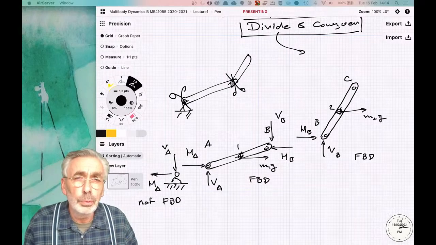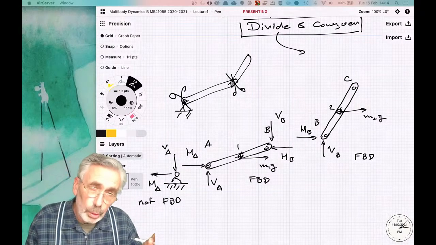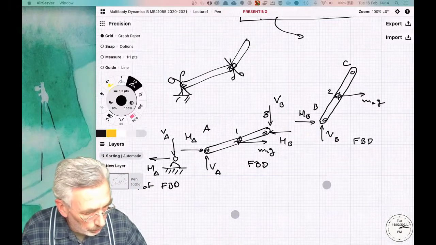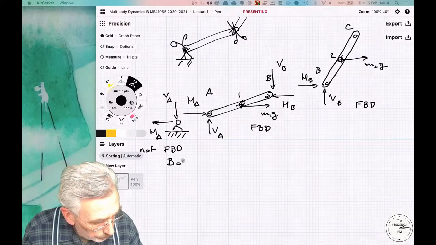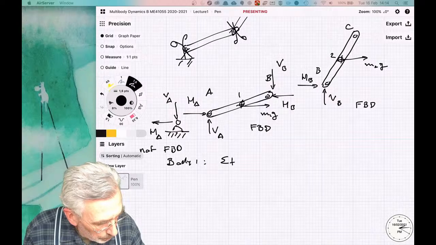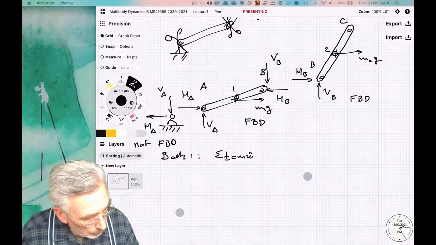And now with these two free body diagrams, we can apply the Newton-Euler laws and derive these 6 equations of motion, for each body. So let's start. For body 1, we're going to write down sum of the forces equals mass times acceleration, in 2 directions.